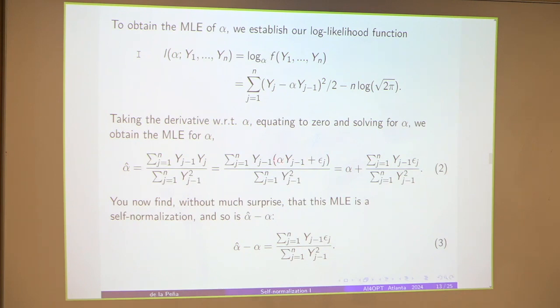Now you can separate the sums and you end up with alpha plus this sum. The interesting thing is that this is a martingale, because epsilon j is independent of yj minus 1.